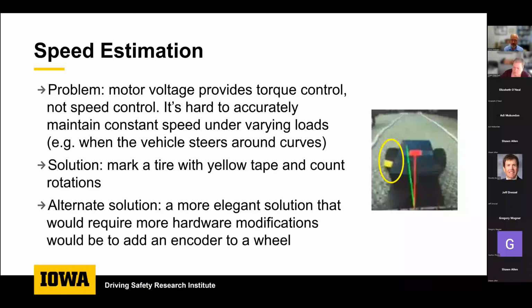And one surprise as we were testing this robot is that as you steer, just the act of driving on a curve or in a circle, as opposed to driving in a straight line, changes the load from the drag of the tires on the carpet significantly.